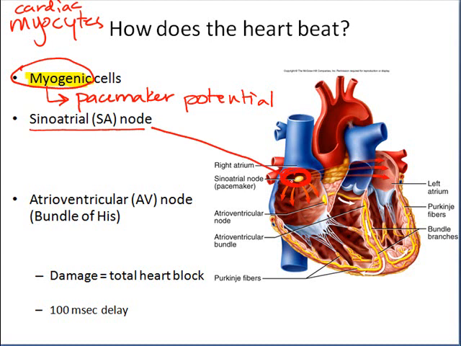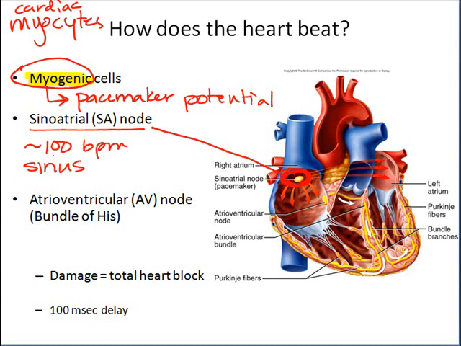Again, this is where we have the majority of the myogenic cells, and they generate a pacemaker potential roughly 100 times per minute, which means that if they were left to their own devices, they would cause the heart to beat about 100 beats per minute. And this is called the sinus rhythm, because it's derived from the sinoatrial node.